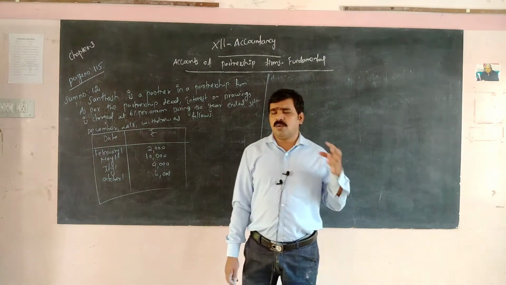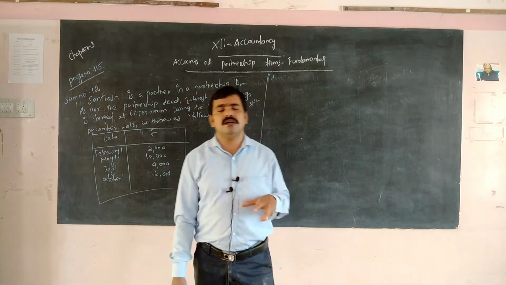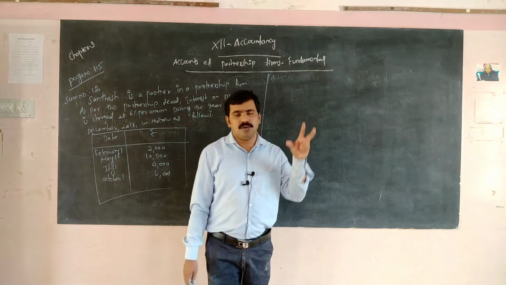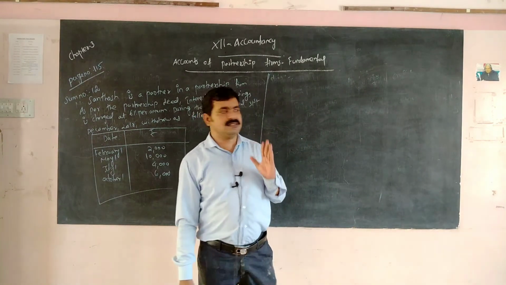So what is the formula for interest on drawing? Interest on drawing equals amount of drawing into rate of interest into period of interest. This is the formula.